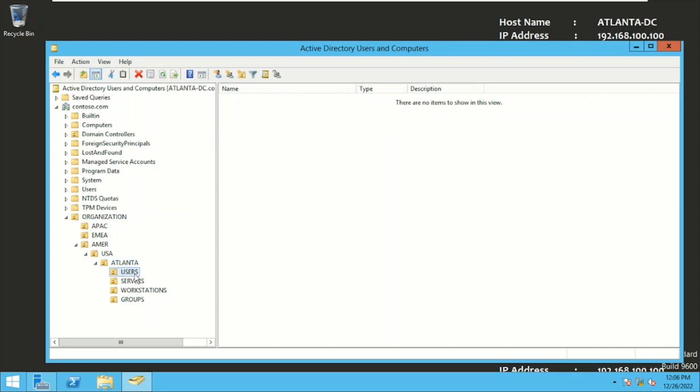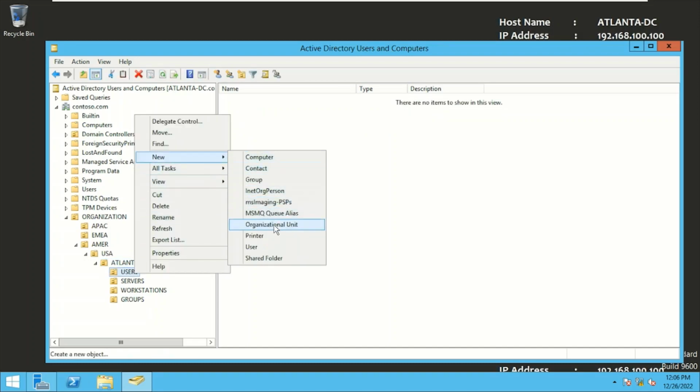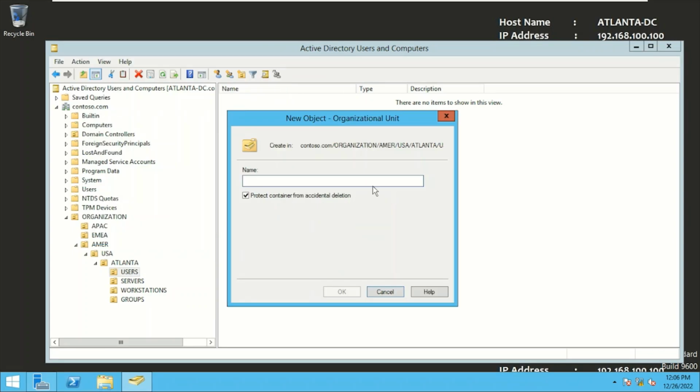Under users we can categorize users, let's say business users.